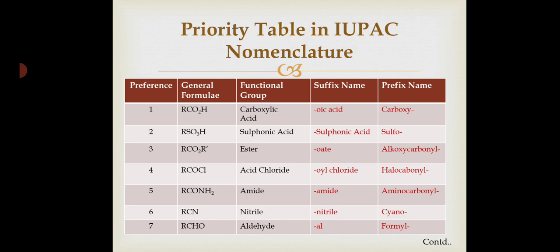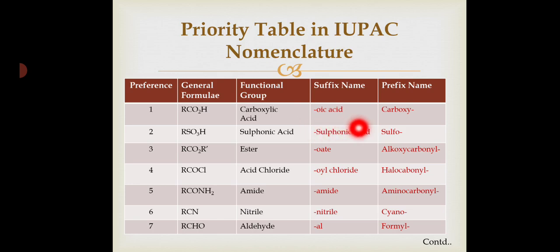So each functional group has a suffix name and a prefix name. For carboxylic acid, the prefix name is carboxy and the suffix name is oic acid. The suffix name we have already done in the earlier video.